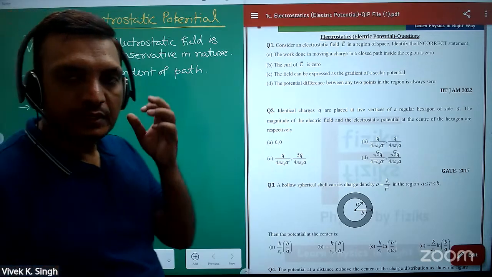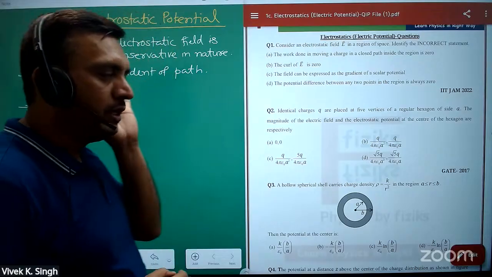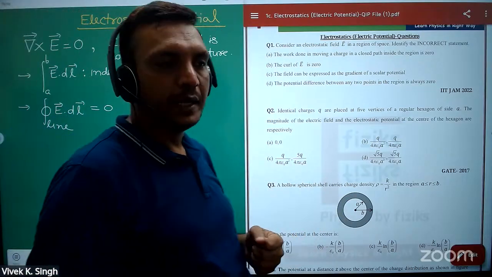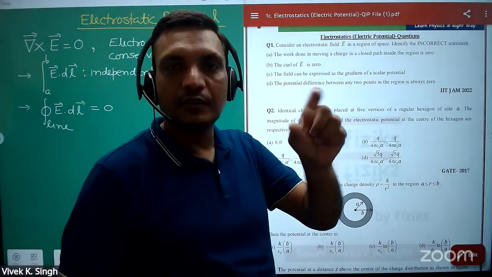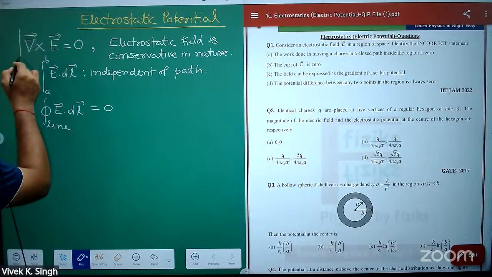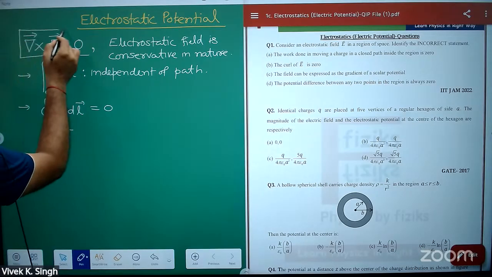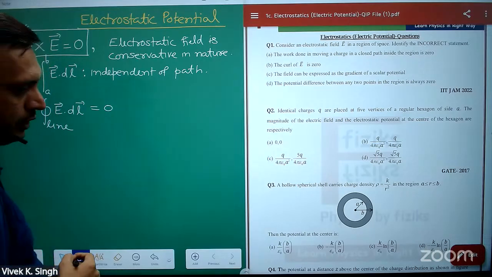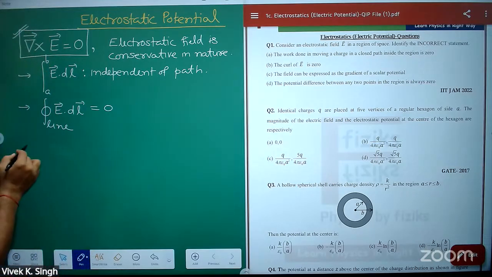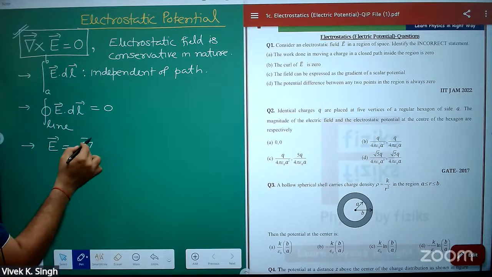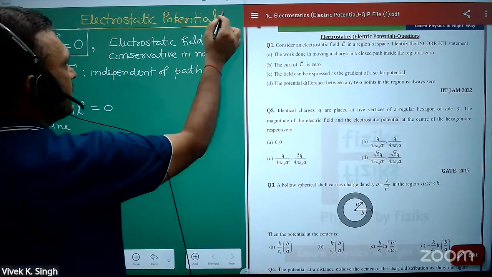These are the properties of the electrostatic field. Work done is independent of path; it only depends on the potential difference between 2 points. So if you have to check whether the given field is electrostatic or not, you have to check the curl of E. Then one relation is E can be expressed as minus gradient of V, where V is the electrostatic potential.